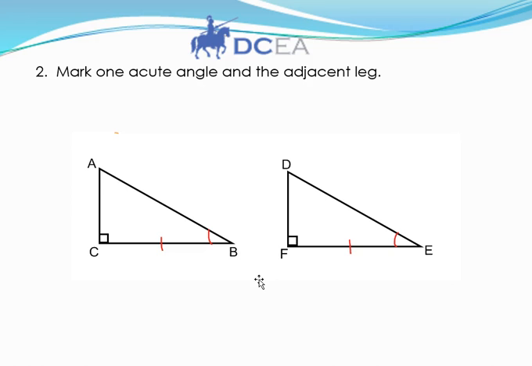Now our second set, label this number 2. I want you to mark one acute angle and the adjacent leg on both triangles. Remember not to mark the hypotenuse. The hypotenuse is not a leg. You could also mark angle A and the leg next to that, and angle D and the leg next to that.